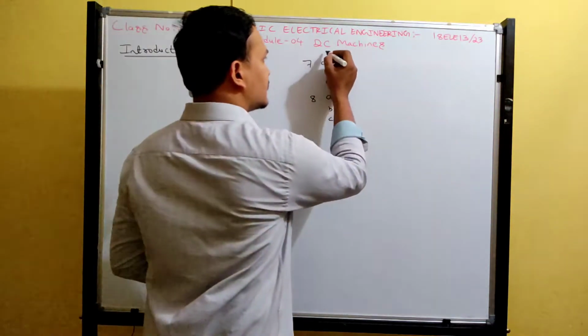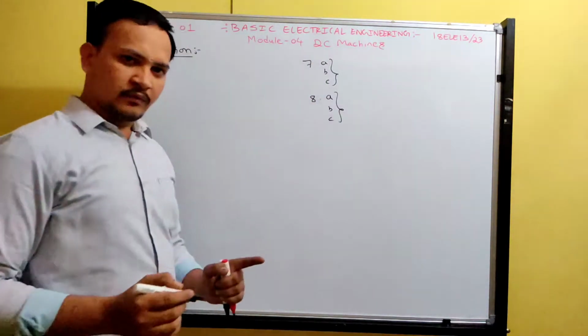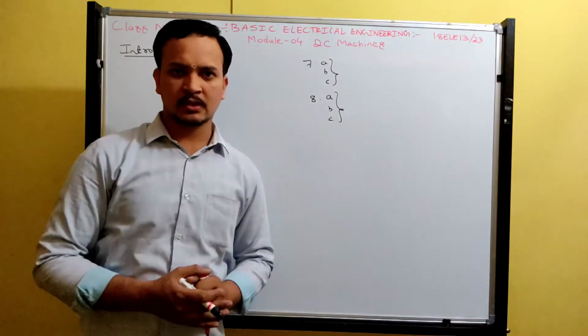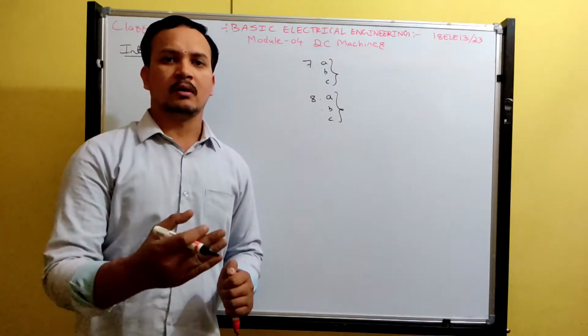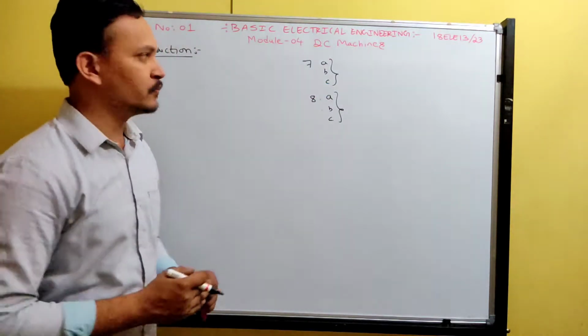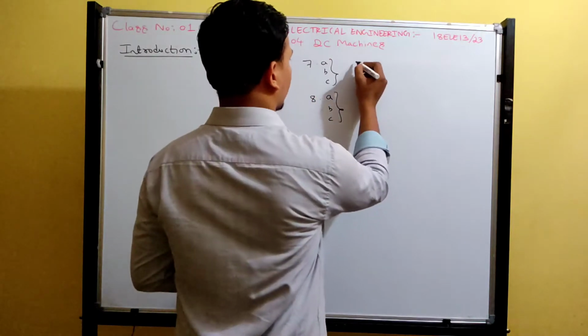See, in DC machines, in most of the previous year question papers that I referred to, they have asked more weightage on theory in this particular module. Suppose each question carries 20 marks.